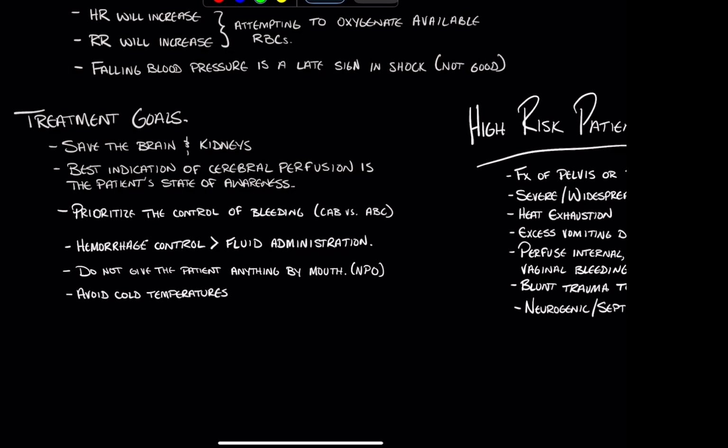So the patient's better off keeping their own blood in by having us control the bleeding first, and then after it's controlled, we can administer fluid volumes if possible. Again, we're not going to be giving them anything orally, so nothing NPO, nothing per os.